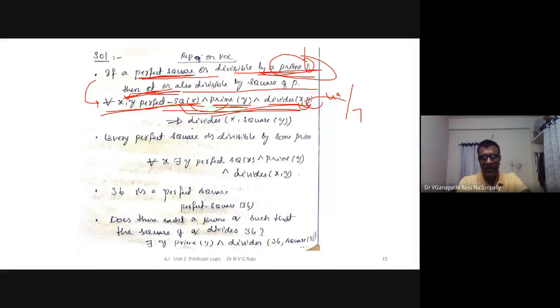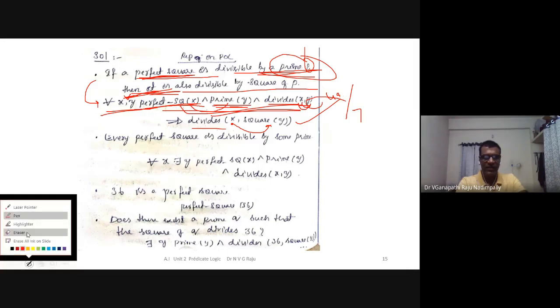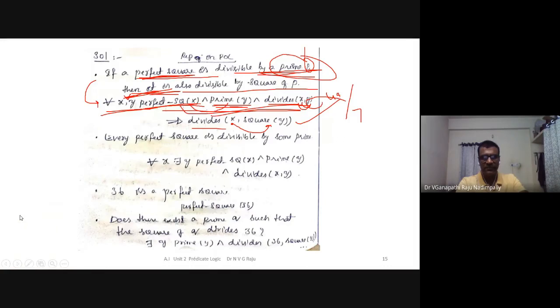Then divides of X by the square of Y, isn't it? Same thing here, whatever X is there, that is divisible by the square of Y, isn't it? Yes, sir. Please take this statement.